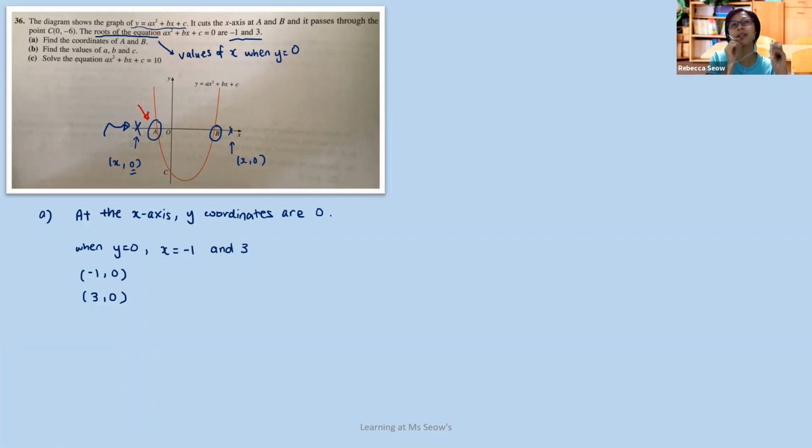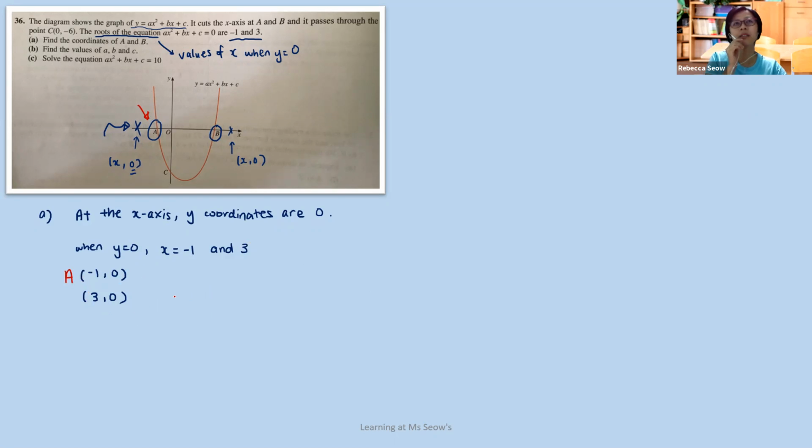The origin is the point (0, 0). So anything to the left of the origin would mean that the x-coordinate of A has to be negative. Of the two coordinates presented here, which one has a negative x-coordinate? You realize that it's the first pair of coordinates. So the first pair is that of A.